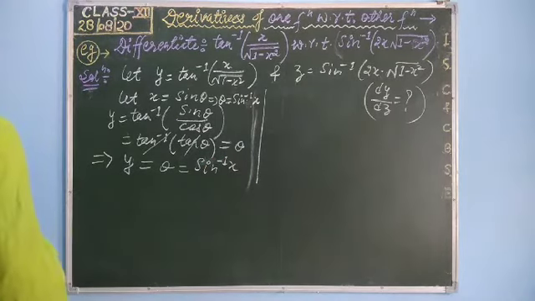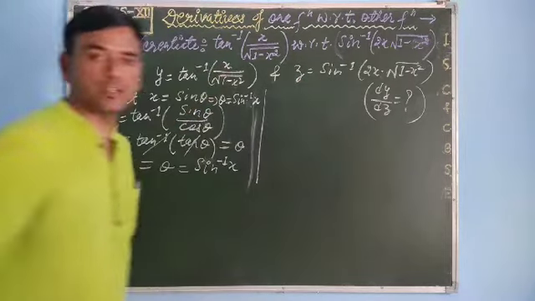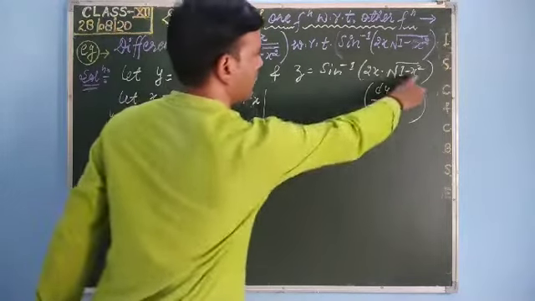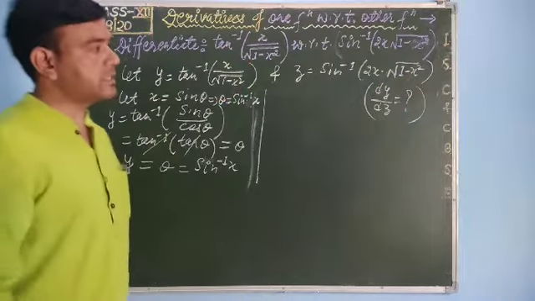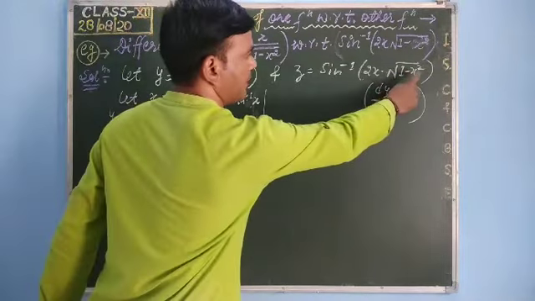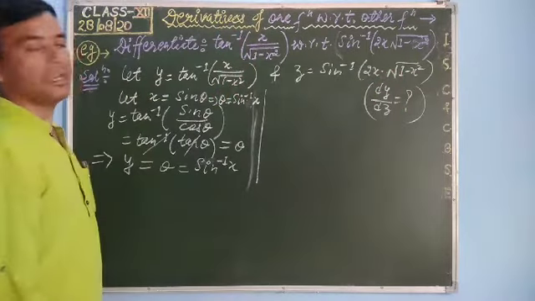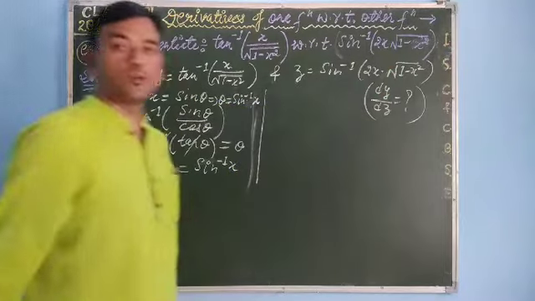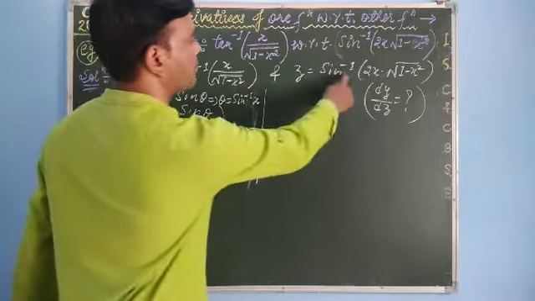In a similar way we will handle the second one, that is z, but this is again in complex form, so we will change it into simplest form. So what will we take in place of x? Suppose we take x is equal to cos t, then 1 minus cos square t becomes sin t, and this is 2 sin t cos t, and 2 sin t cos t is equal to sin 2t. So we have to substitute in place of x so that this sine inverse will be cancelled out.